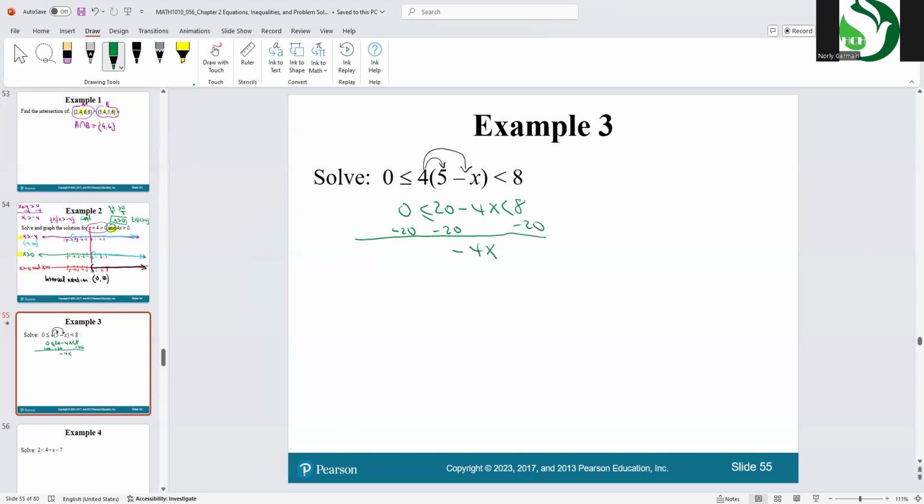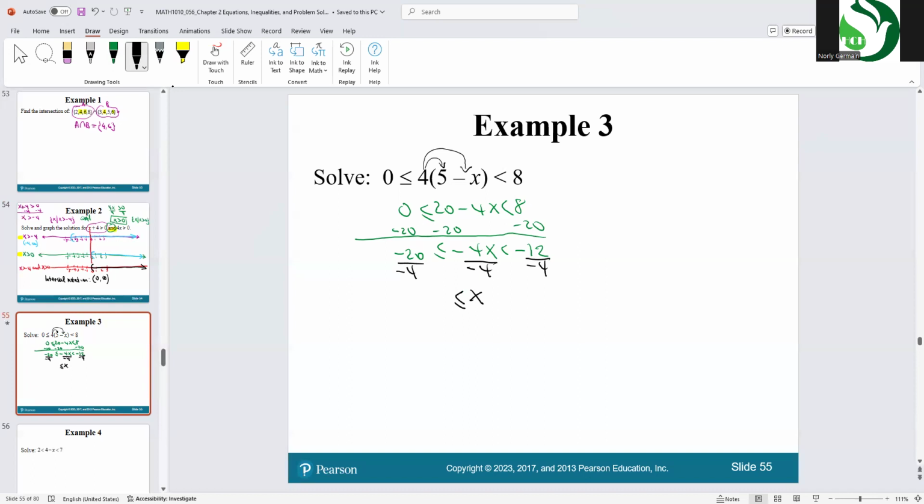We have only negative 4x left, negative 20 on the left, and negative 12 on the right. Now, we must have only x, not negative 4x. So I'm going to divide everywhere by negative 4, so I end up having only x.